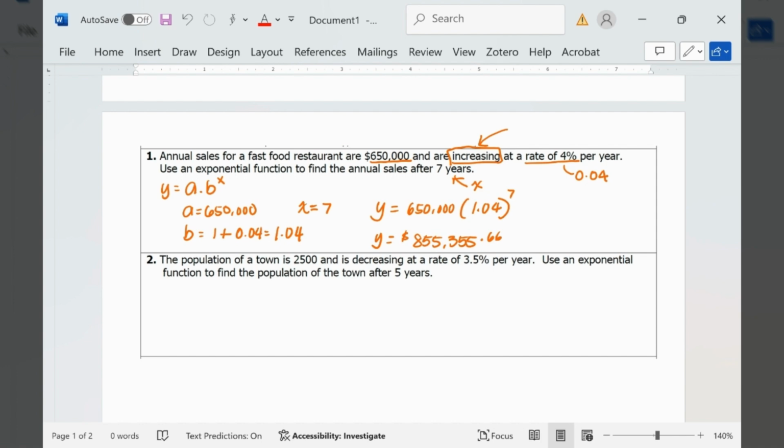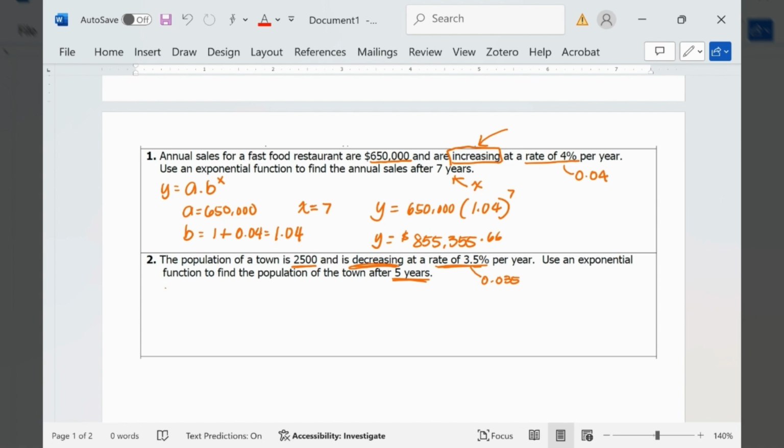Okay, last question. The population of a town is 2,500 and is decreasing at the rate of 3.5% per year. Use an exponential function to find the population of the town in 5 years. All right, here we go. My percent is 3.5, so I'm going to move the decimal twice, so 0.035.